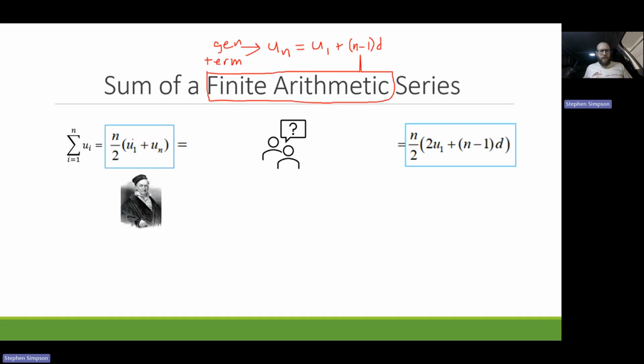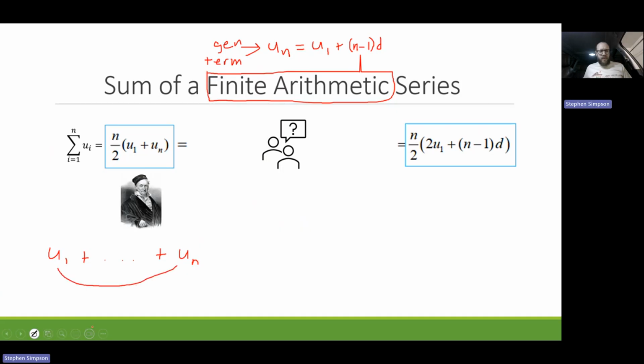You take the first term, that's u sub 1, plus the last term, that's u sub n. You add them together, you make pairs, kind of like we did on this problem, adding up 1 to 100. And when you pair them together, if it is this special type of series, a finite one and an arithmetic one, then you can use this same basic idea.